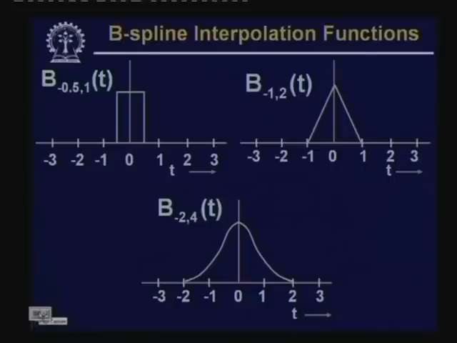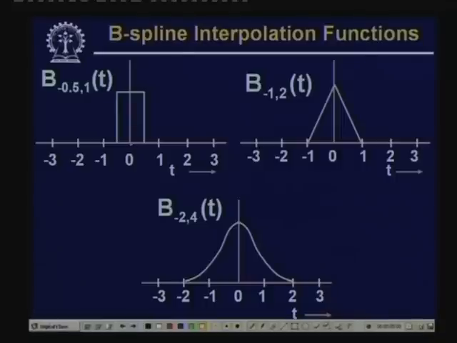So, b 0 1 t, in the earlier case, was 1 between 0 and 1. So, b 0 1 t was something like this. Now, along with p 0, I do not consider b 0 1 t, but I will consider b minus 0.5 1 t, and b minus 0.5 1 t is equal to 1 for values of t between minus 0.5 and plus 0.5, and equal to 0 beyond this range.